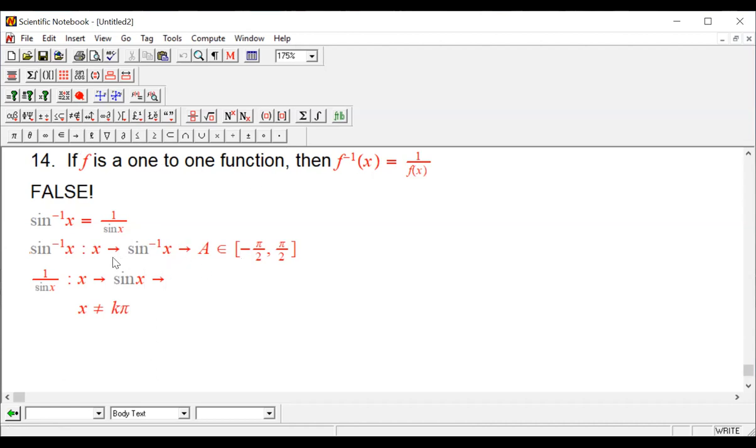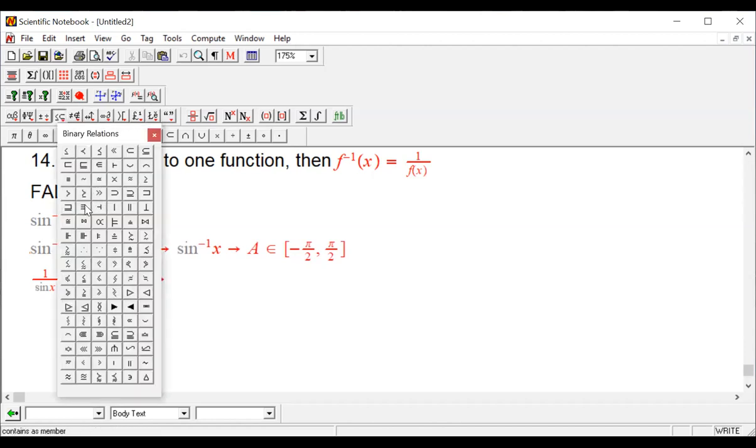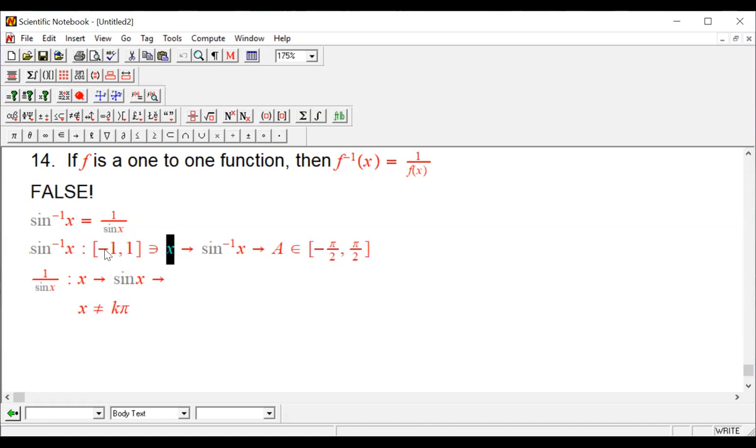And so first of all, you can see there's a different domain requirement. The requirements for domain are not even the same. This x is from -1 to +1, and this x can be any real number but multiples of pi.